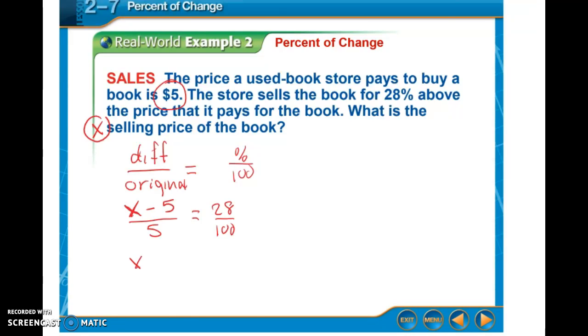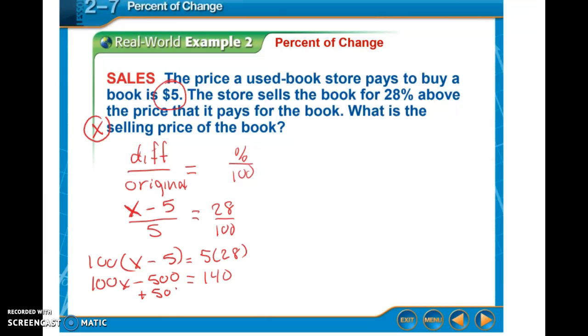So now X minus 5 times 100 will equal then 5 times 28. 5 times 28 is 140. Over here this becomes 100x minus 500.